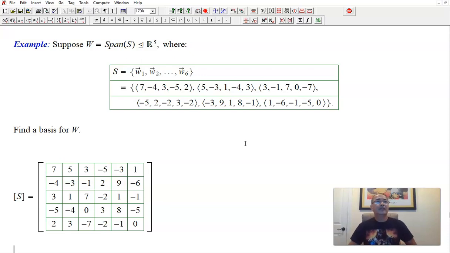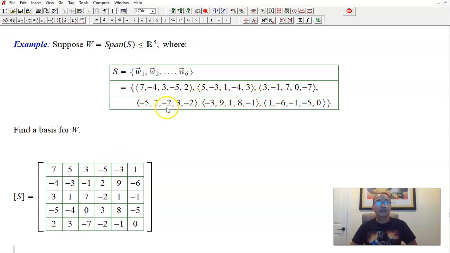So let's find a basis for W. We have 6 vectors in R5, and we also saw in section 2.1 that as soon as you have more than 5 vectors from R5, then that set is definitely linearly dependent. Why? We can see it from applying the minimizing theorem.